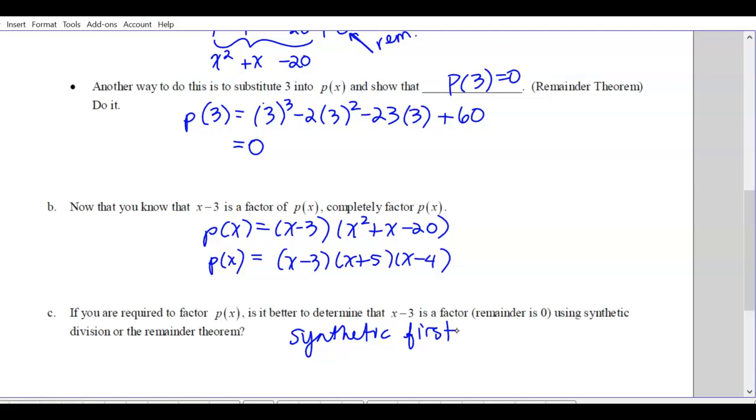So it is a little bit easier to use this synthetic division first, then you don't have to do it twice. You still have to show your work. In calculus, you won't have a calculator, so you're going to have to do this in calculus.